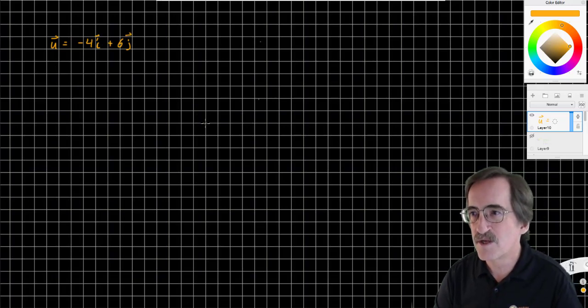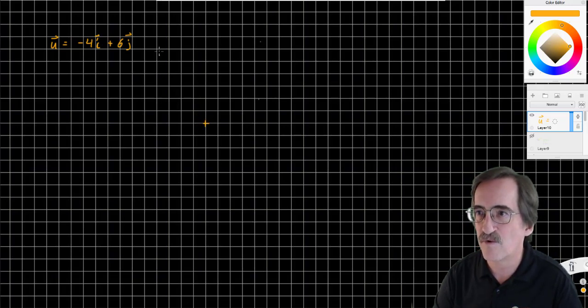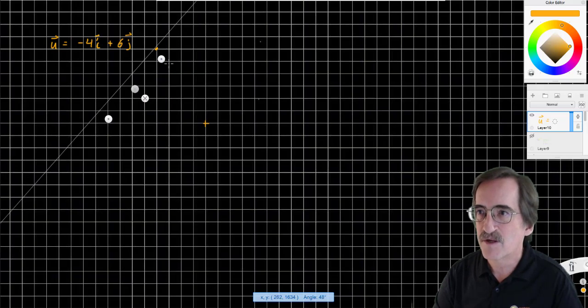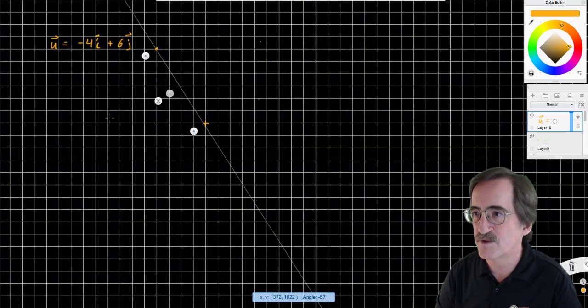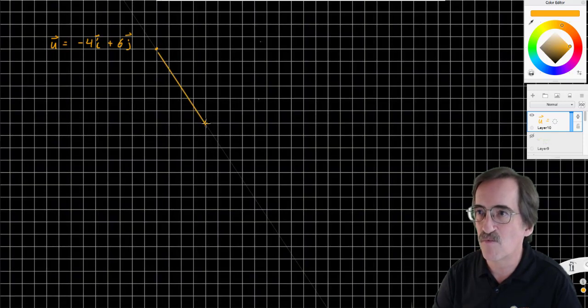Okay, so what is the direction? The first thing you have to keep in mind is what direction it goes. Negative 4, 6, so you have to consider the quadrant that we are in. Because remember, the inverse tangent function has domain restrictions. And so we do need to keep in mind what direction it is pointed. Okay?